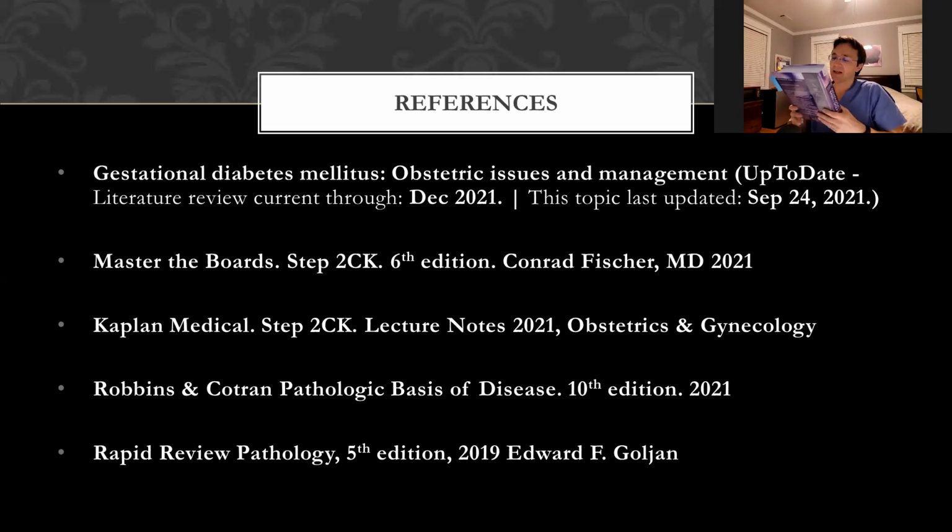It's nicely written, proper English. Like reading a Tolstoy novel. You're not really studying medicine. You're reading a Tolstoy novel. And of course, Edward Goljan, Dr. Goljan, the legend, who has Rapid Review Pathology. Yeah, it's on my shelf over there.